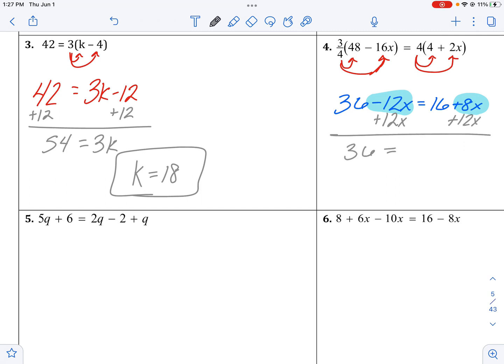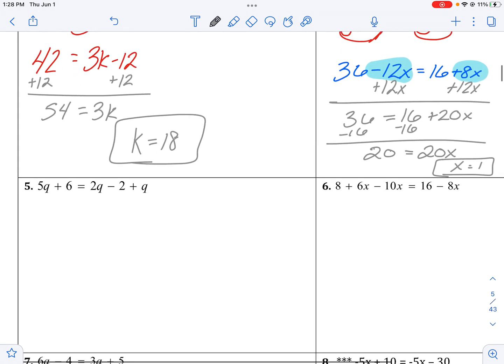And 8 plus 12, I'll get 20x. And if I want to isolate that 20x, I need to undo the positive 16. 20 equals 20x, or x would be 1.